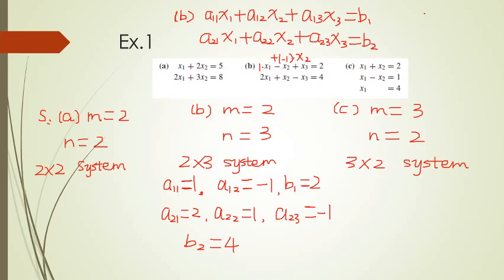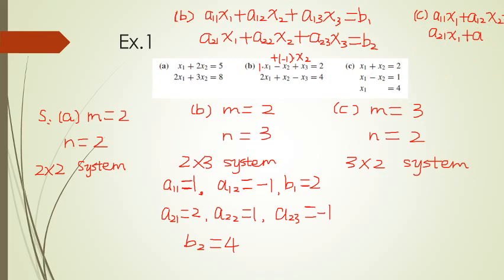If we recall the 3 by 2 system, that will be A11x1 plus A12x2. We do have two variables, equals B1. And then A21x1 plus A22x2 equals B2. Do we have A13 here for part C? It's a 3 by 2 system, which means we have 3 equations.